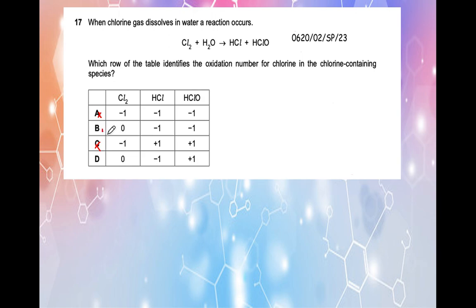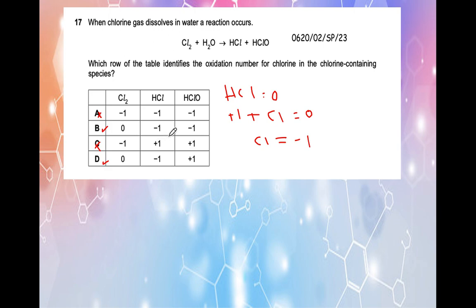It could be B or D. HCl, so hydrochloric acid, let's go for it. HCl equals 0. We know that hydrogen in the periodic table has a valency or oxidation number +1, plus chlorine equals 0. So chlorine equals -1.